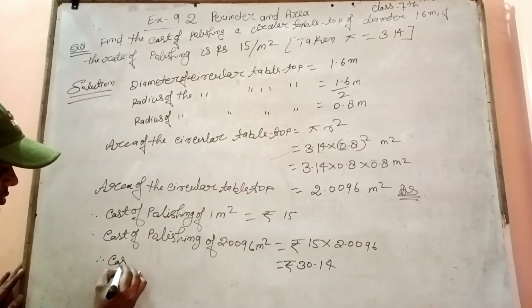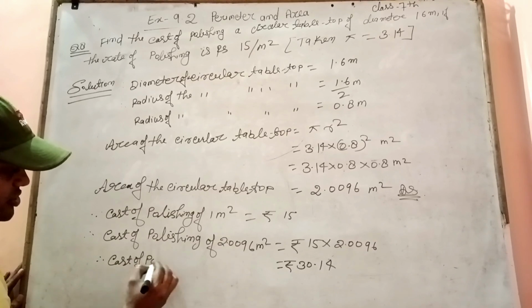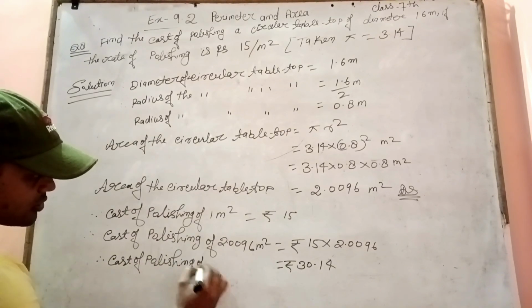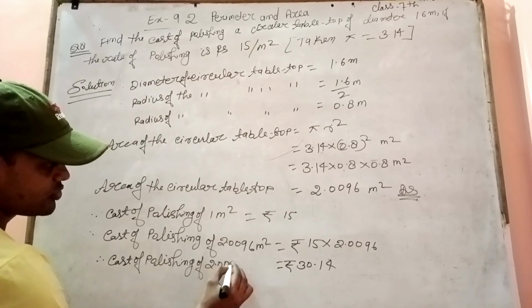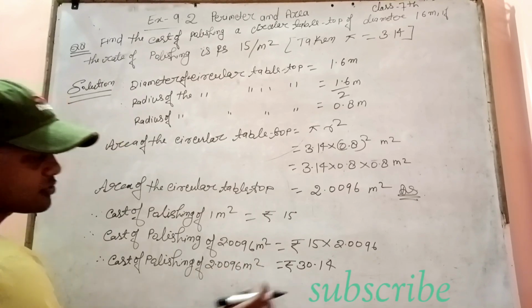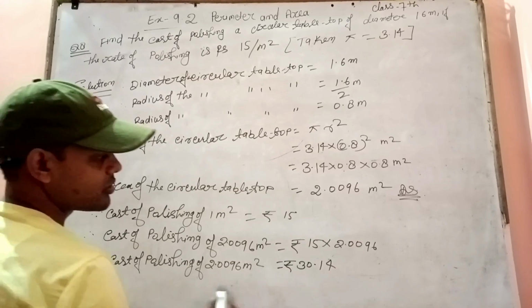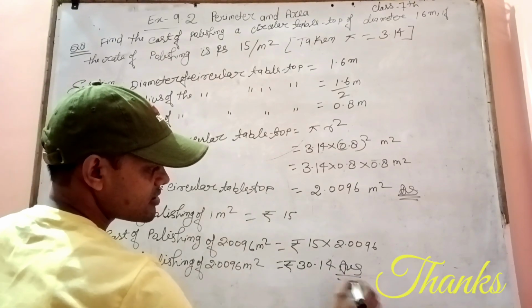Therefore cost of polishing of 2.0096 meter square is equal to rupees 13.14. You will get this answer.